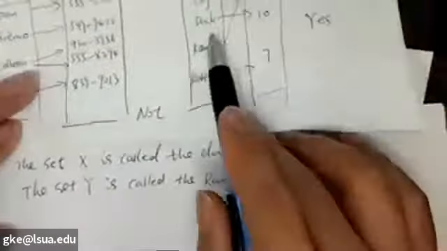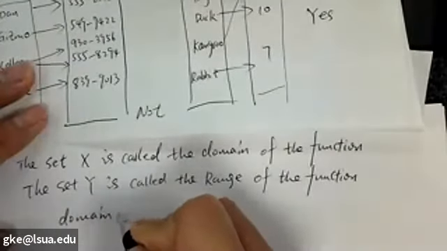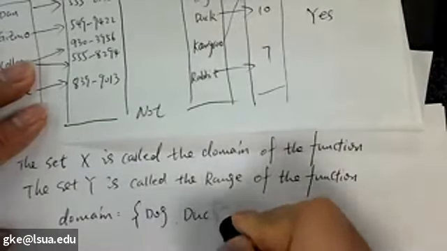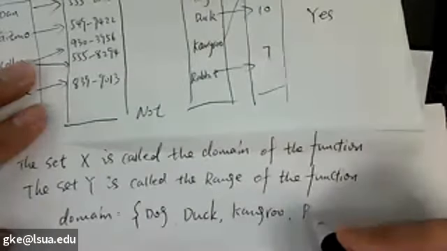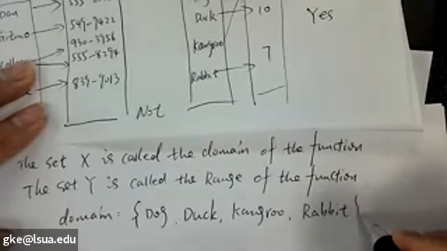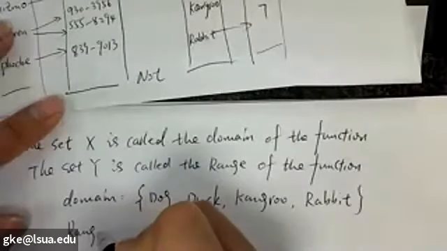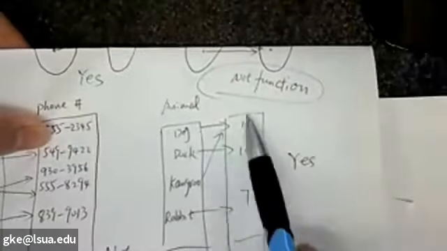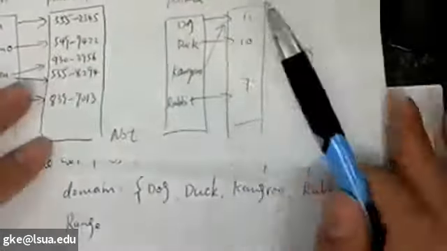So for this example, the domain should be the X set: dog, duck, kangaroo, rabbit. And the range is going to be the Y set. X set is the domain, Y set is the range. You just copy it, okay?